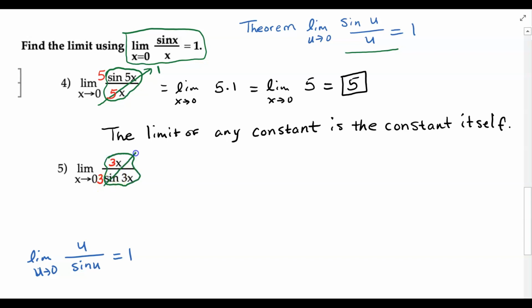This right here is going to go to 1, and I am left with the limit as x approaches 0 of 1 over 3, which we said earlier that the limit of any constant is the constant itself. So right here is my answer, 1/3.